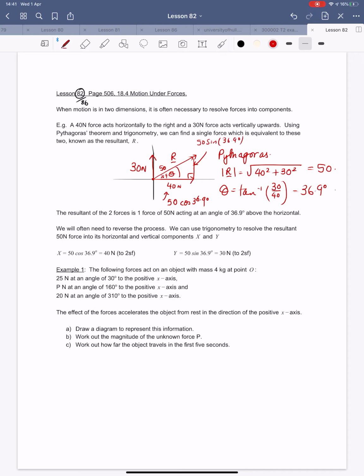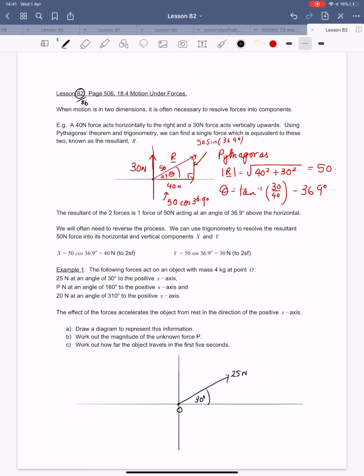Okay, example 1. The following forces act on an object with mass 4 kilograms. Let's do that in a nice straight line, positioned at the origin. It's 25 newtons at an angle 30 degrees. So it's 25 newtons there, 30 degrees there.